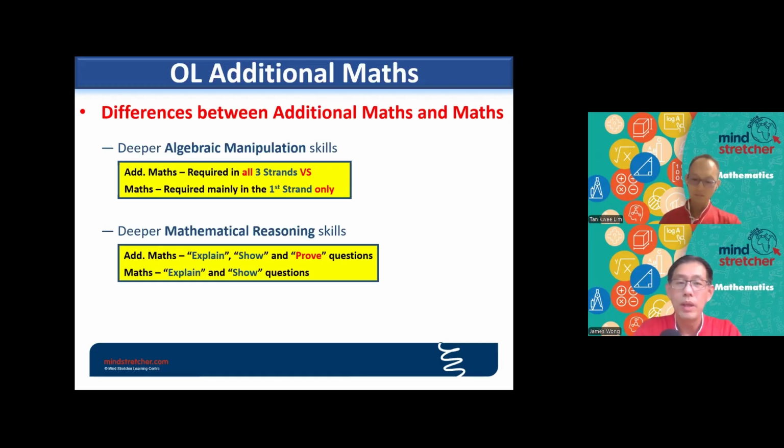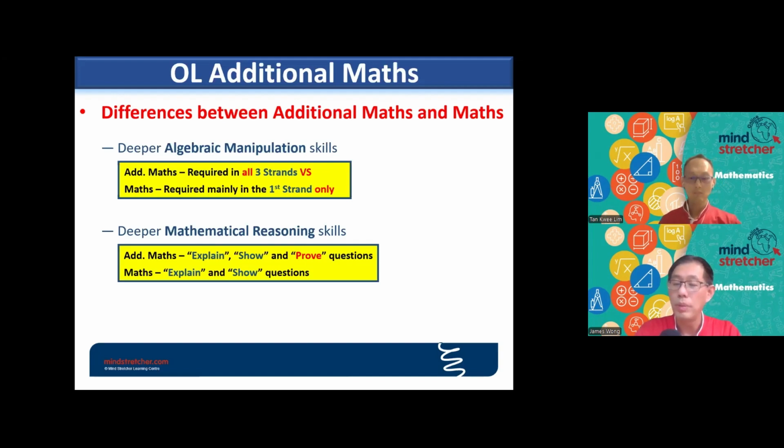So how to manipulate the algebra and all the techniques will be needed, especially if your child is now doing additional math. Okay, your deeper algebraic manipulation skill will be required. And not only that, just now we saw that there are three strands, the three broad categories of topics in additional math. You'll find that this algebraic skill is required in all three strands.